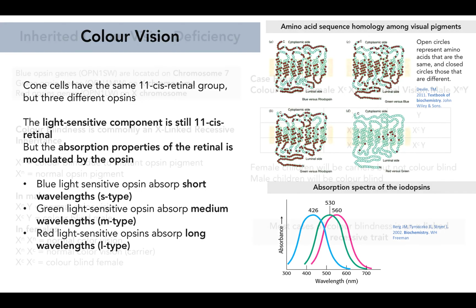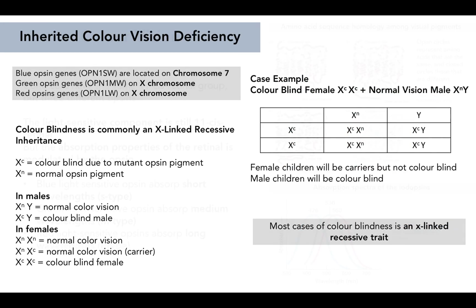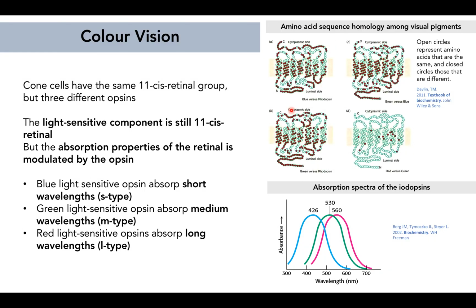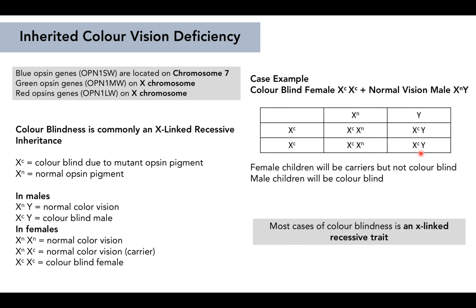Finally, these different kinds of opsins are, of course, encoded by our genes, and this is the basis of color vision deficiency. The blue opsins are encoded by the OPN1SW gene, which is located on chromosome 7. It's autosomal.